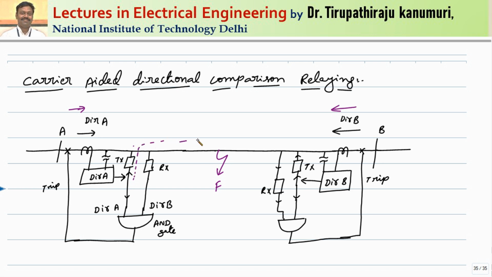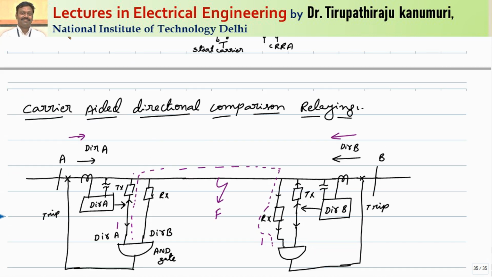The signal will go here and be received by your receiver here. Your receiver will receive the signal and pass it to your AND gate. The same signal is transmitted here also. So the signal 1 is sent to this AND gate. Similarly here 1 is sent to this AND gate.